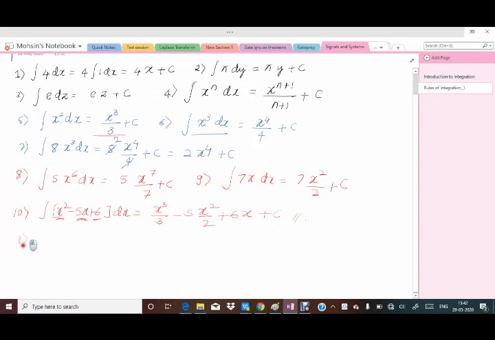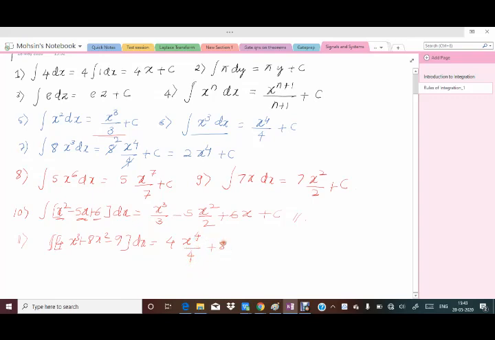Now let us take another example similar to this. Say we have the integration of 4x cube plus 8x square minus 9 dx. This is going to be 4 coming outside and x cube integrated as x raised to 4 divided by 4.